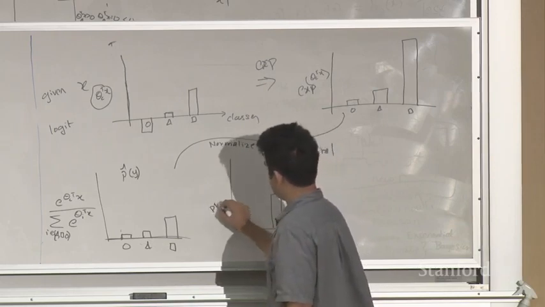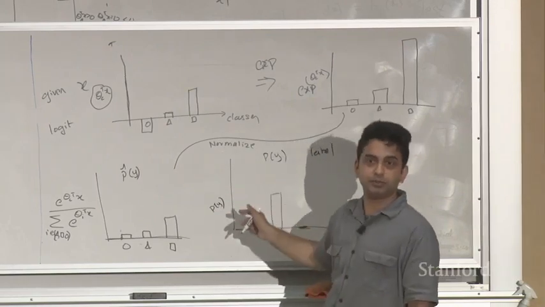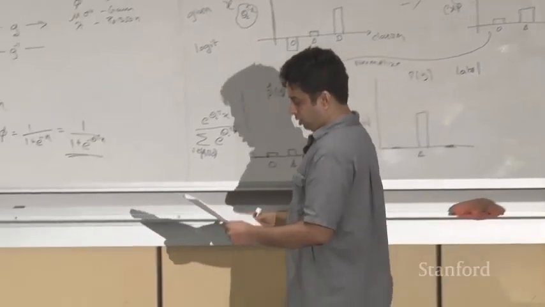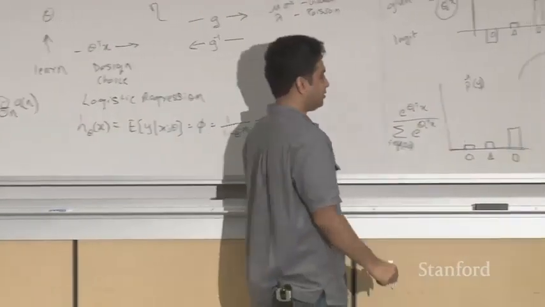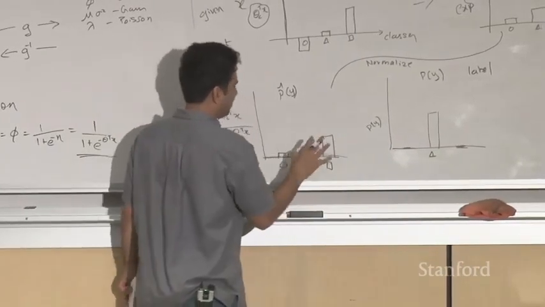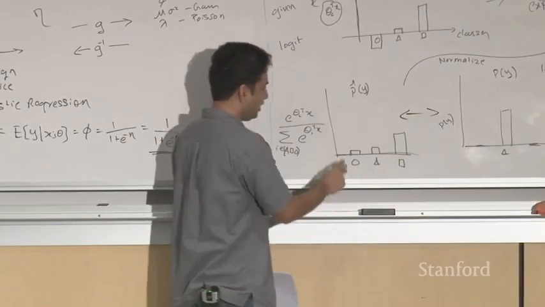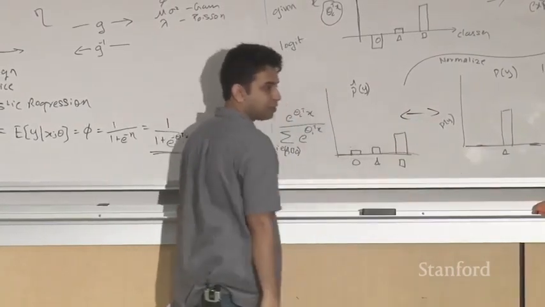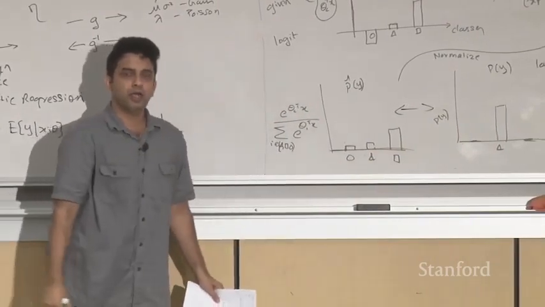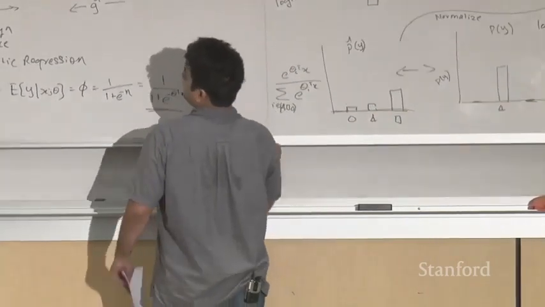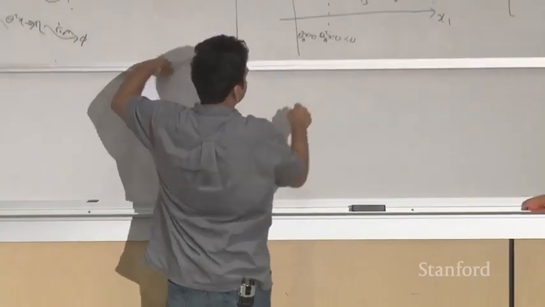So p of y is essentially the one-hot representation as a probability distribution. Now the learning approach is, in a way, to minimize the distance between these two distributions. We want to change this distribution to look like that distribution. Technically, the term for that is minimize the cross entropy between the two distributions.